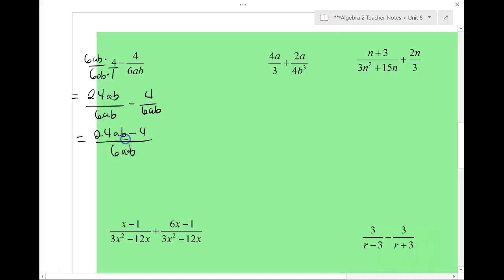And as far as the variables go, there's no variable that is shared between all three numbers, so I can only take out a 2. So let's just take out a 2. And I'm left with 12ab minus 2 on the top. And I take out a 2 here. So that's just 2 times 3 times a times b.